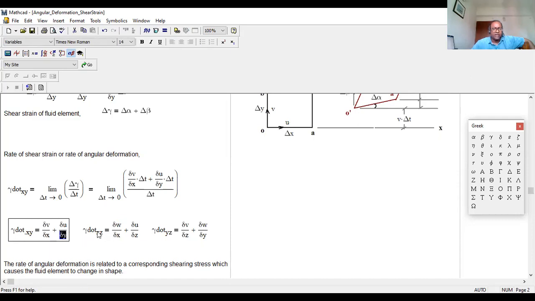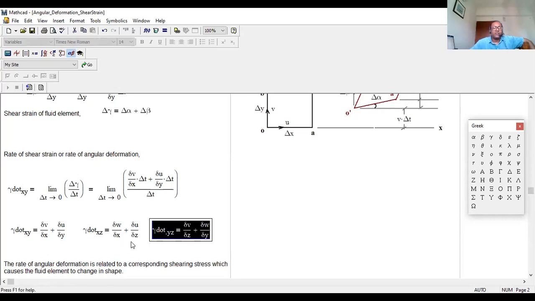Then gamma xz, at first you take del x. What is the other axis? Z, velocity component w. So in the top will be del w. Plus this, for this one, you already take derivative x, you take derivative now z. So del z, what is the other axis? X. So you take velocity del u. Similarly, you figure out gamma yz.